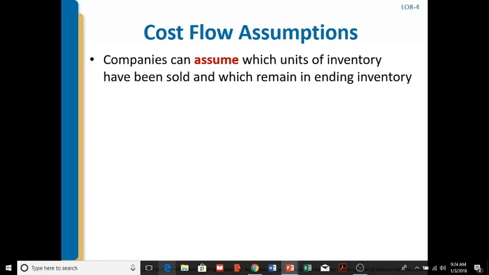And so they can make this cost flow inventory assumption, but that doesn't mean that they shouldn't sell the first items that they purchased.